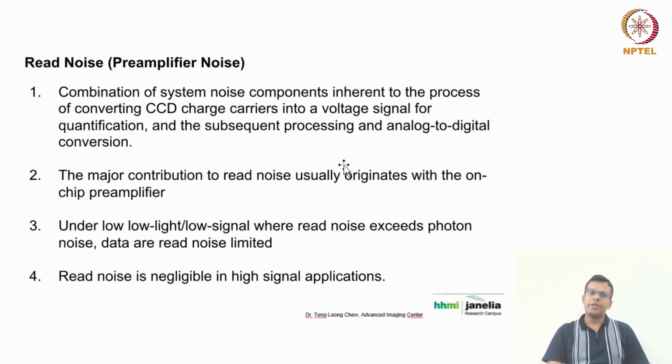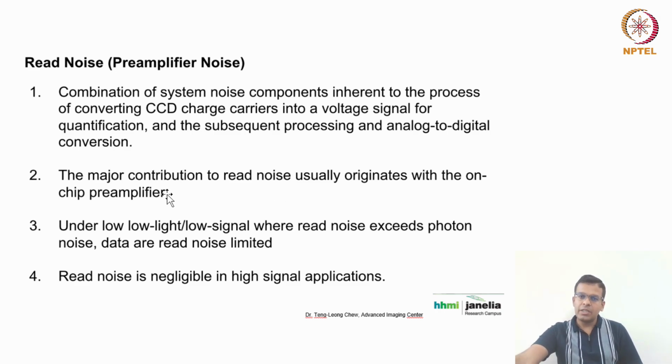The third type of noise is known as read noise or preamplifier noise. It is a combination of system noise components inherent to the process of converting CCD charge carriers into a voltage signal for quantification, and the subsequent processing and analog to digital conversion. So this is the noise generated during the processing of photons into electrons and subsequent analog to digital conversion.